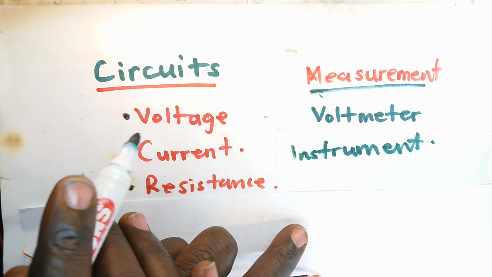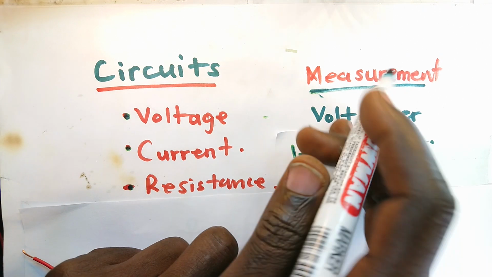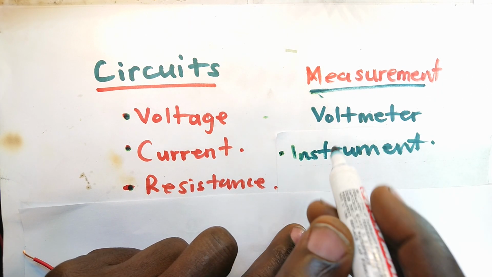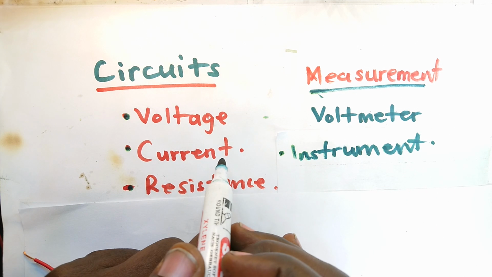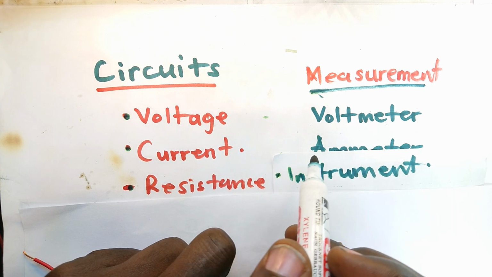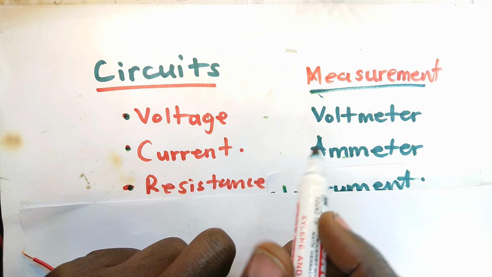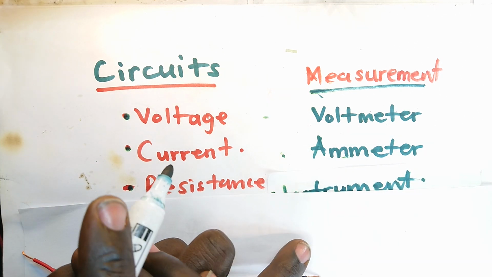So we will demonstrate that in this video for you to know that voltage is measured with the voltmeter, that's the instrument used. And then when we go to current, the instrument used, we already mentioned it even in earlier videos, it's the multimeter. We'll demonstrate how to use that.